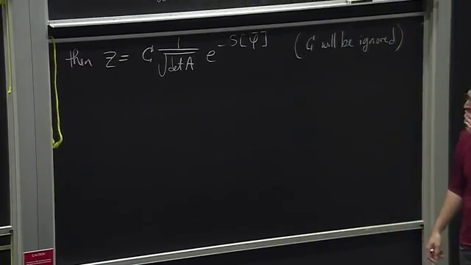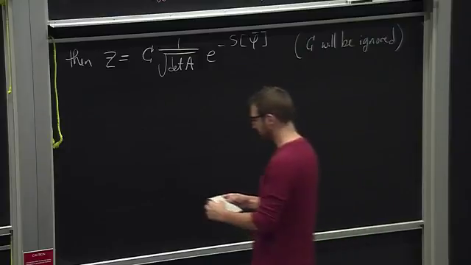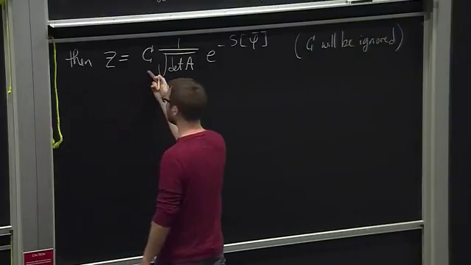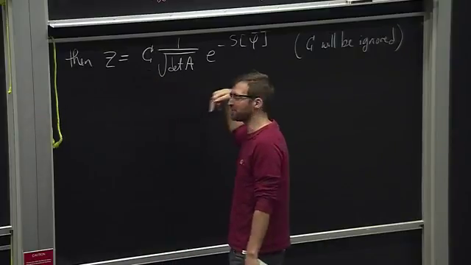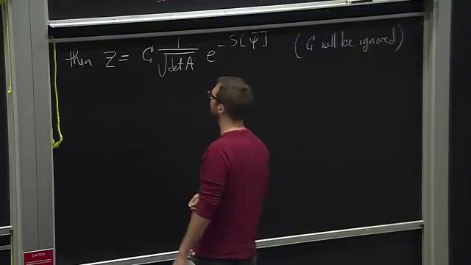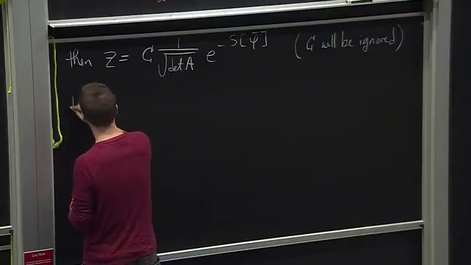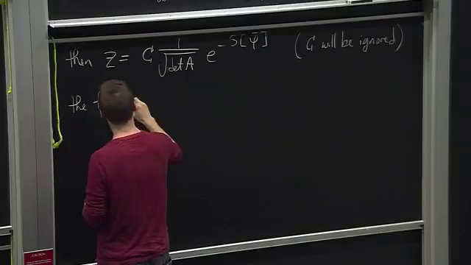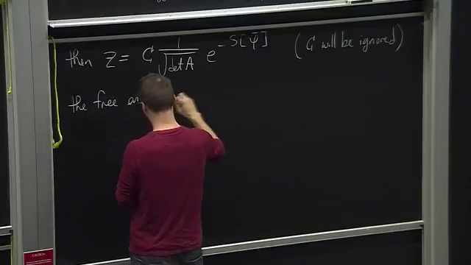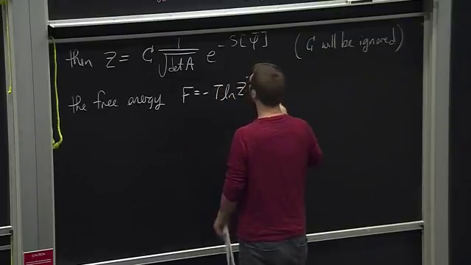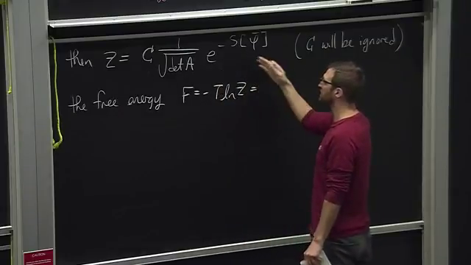Okay? So I'm going to rewrite, let's look at the free energy. That constant, if you calculate the free energy, becomes an additive constant. Another reason we don't care about it. So there's a mean field piece.